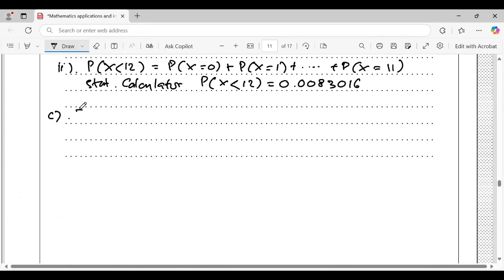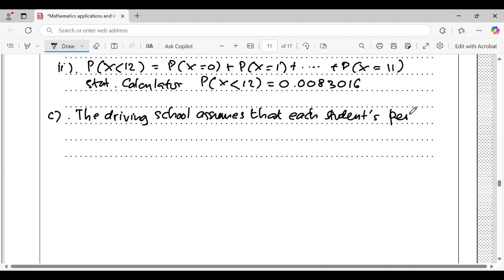The driving school assumes that each student's performance on the driving test is independent of the others.